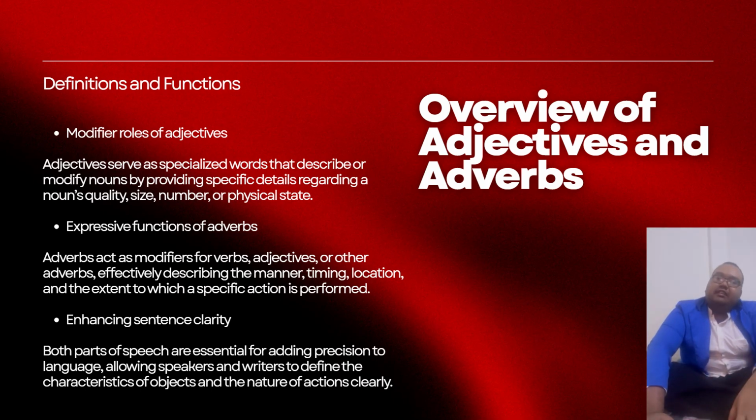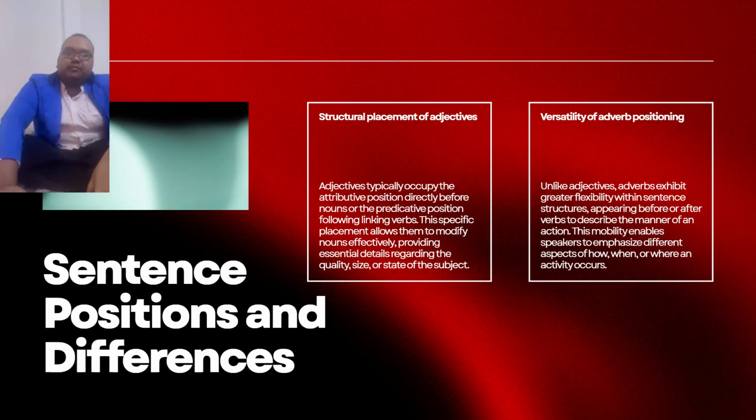Now, enhancing sentence clarity. Both parts of speech are essential for adding precision to language, allowing speakers and writers to define the characteristics of objects and the nature of action clearly.